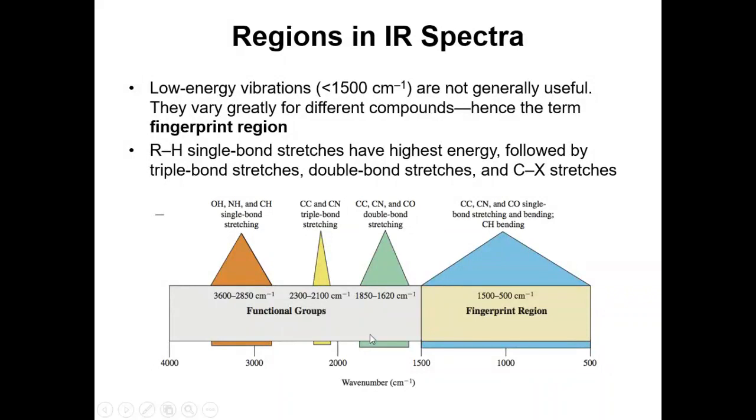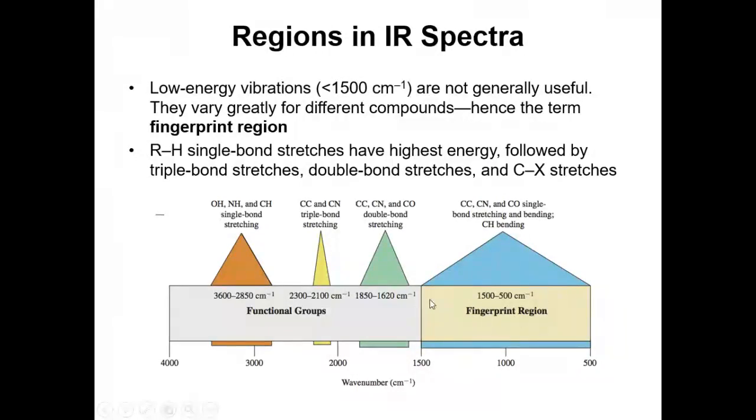So for the high frequency end, from around 4,000 to about 1,500, this is called the functional group region. And the low energy vibrations smaller than 1,500 reciprocal centimeter are usually not super useful, and they can vary greatly for different compounds.